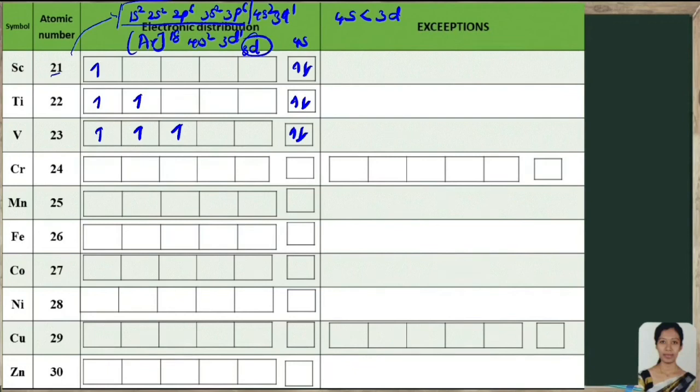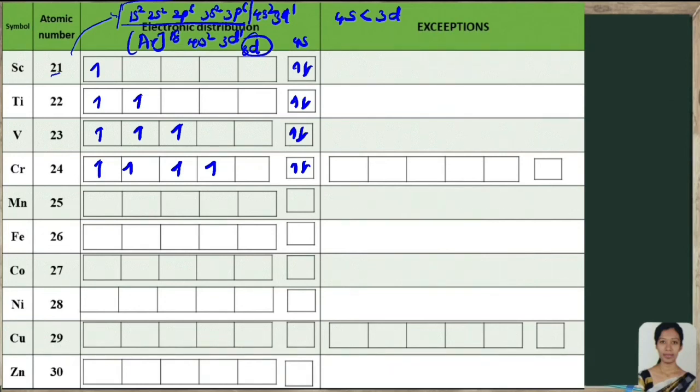In a similar way, if you are writing the electronic configuration for chromium, argon 18, 4s2, 20, 21, 22, 23 and 24. This is what you expect, but this is not true in the case of chromium because half-filled and full-filled electronic configurations are more stable.